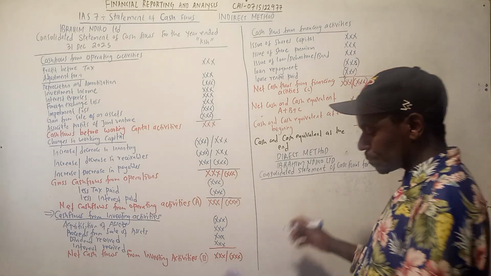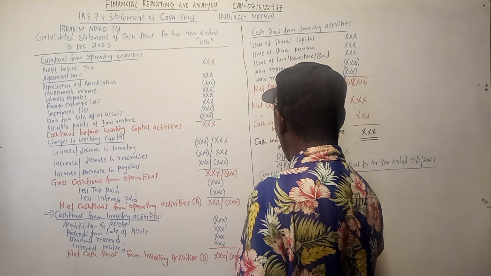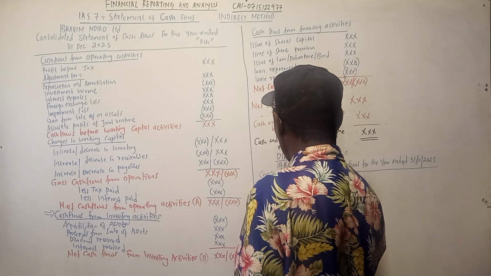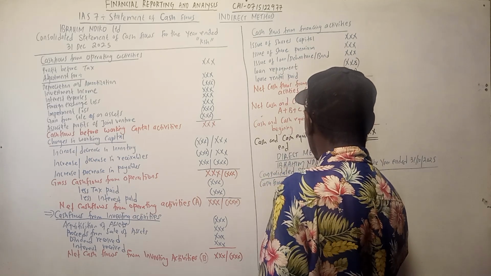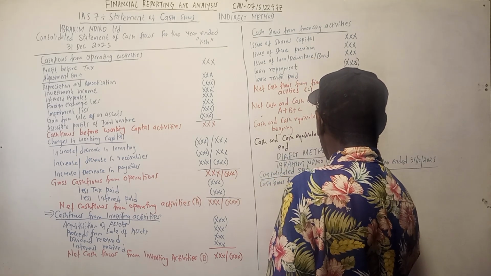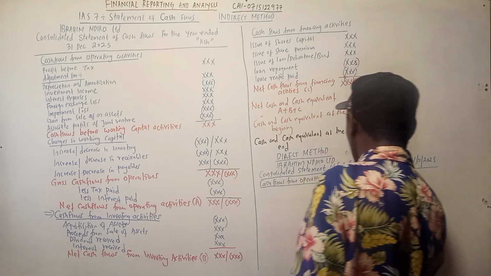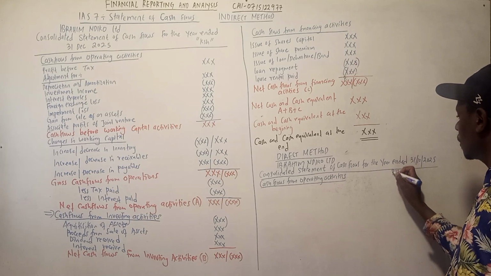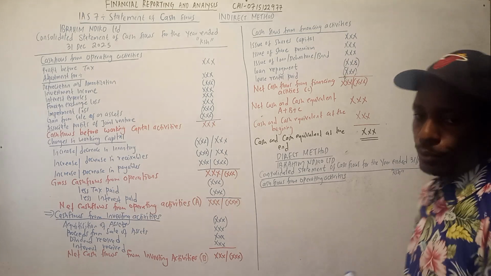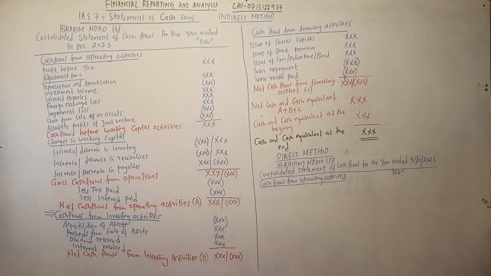So now in this case, we shall start with cash flow from operating activities. Our currency is in Kenya shillings. You can put the currency of your home country. I go with the currency in Kenya.